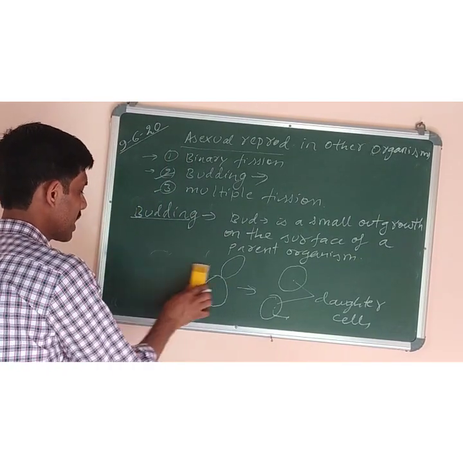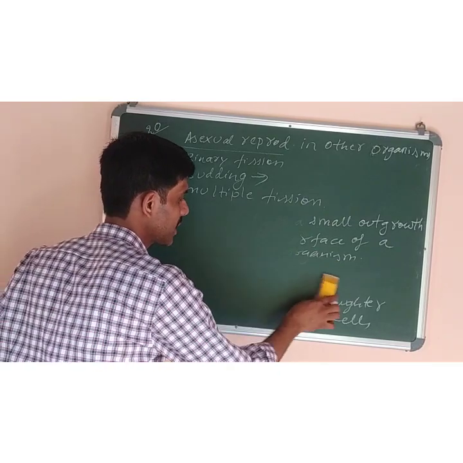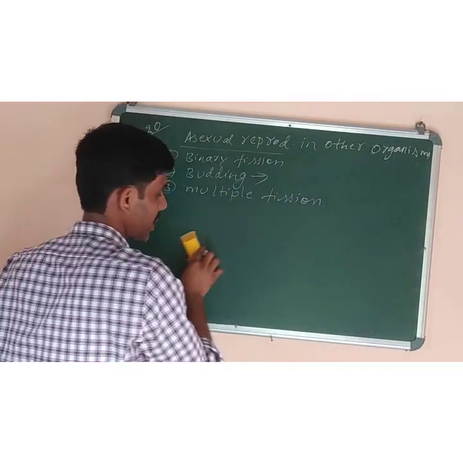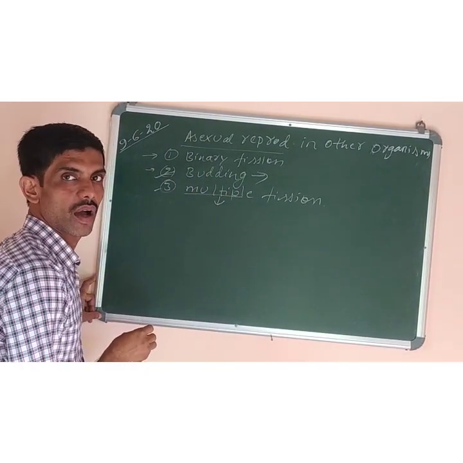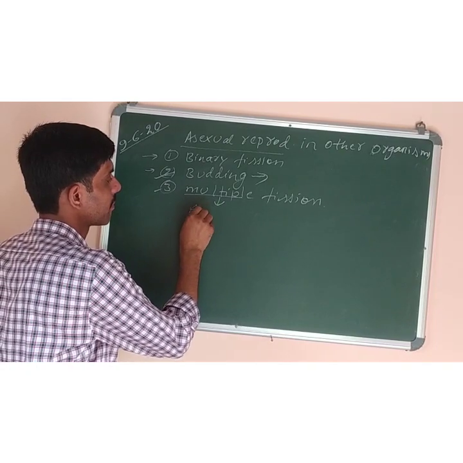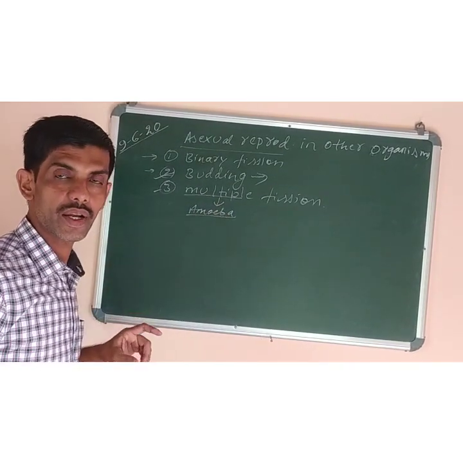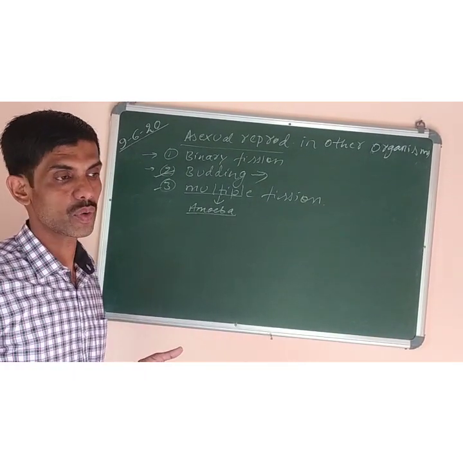Multiple fission means, multiple means many. And fission means here also the same, splitting. This type of asexual reproduction, that is multiple fission, is found in amoeba only. During unfavorable conditions, means when the conditions are not good, there is scarcity of food, water.